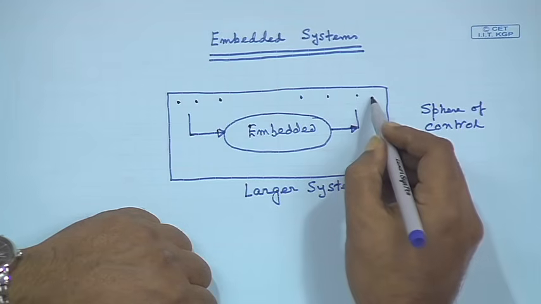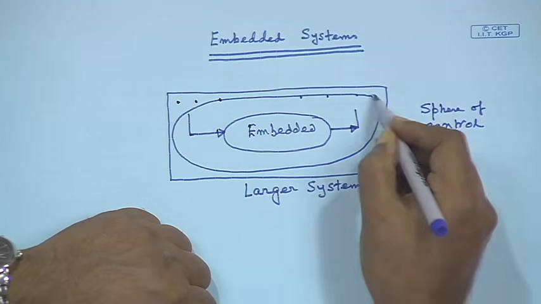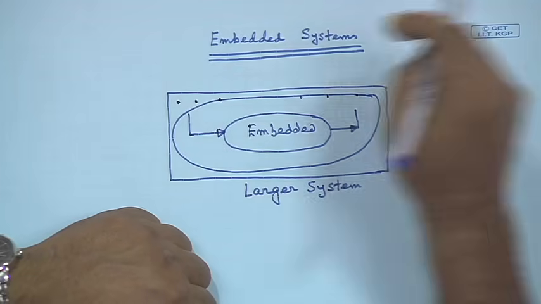So, there might be a sphere of control around this embedded system within this larger system that is being affected by this embedded system. All right.